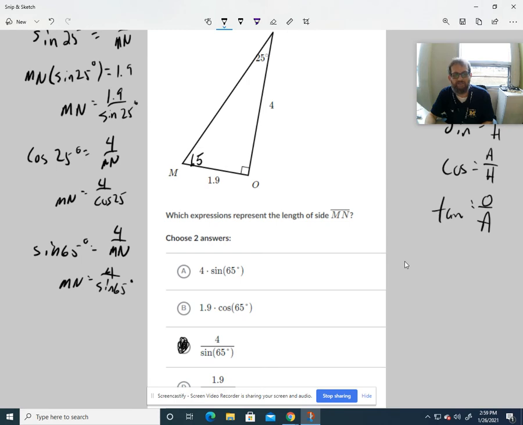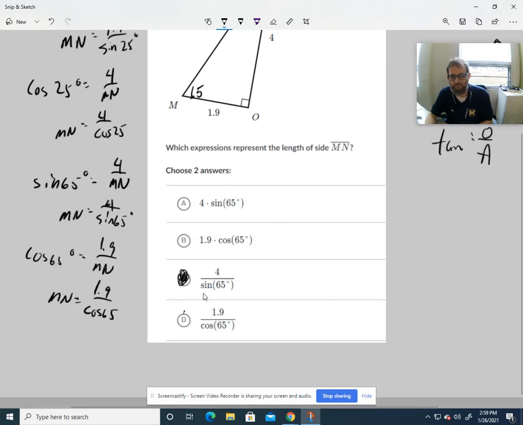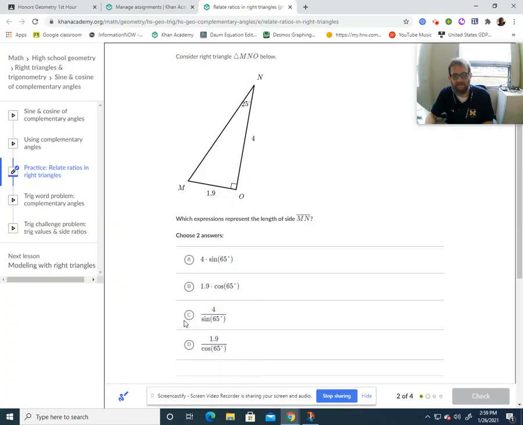And then we could have said the cosine of 65 equals 1.9 over MN, again, because it's the adjacent over the hypotenuse. And again, with the multiplying and dividing, we would get 1.9 divided by the cosine of 65, which is right here. So the answer is going to be C and D.